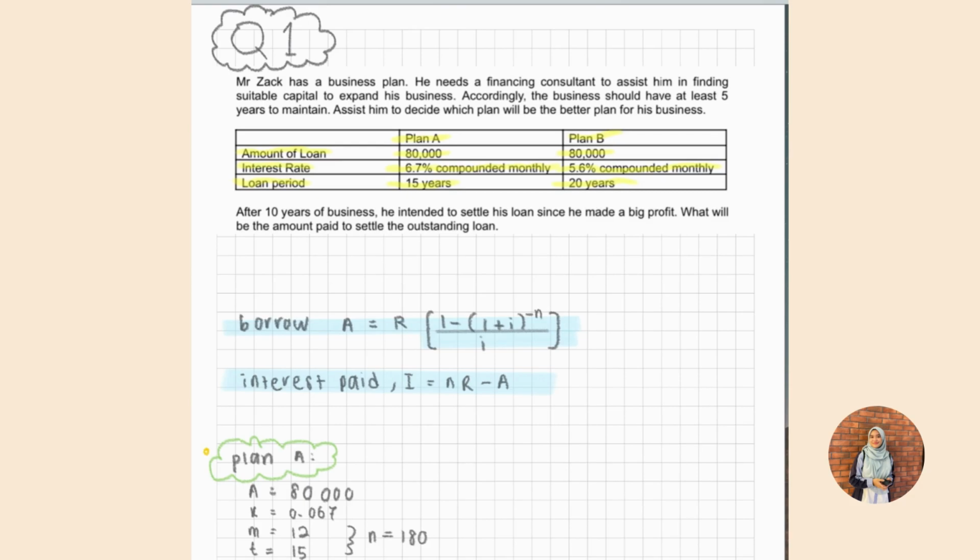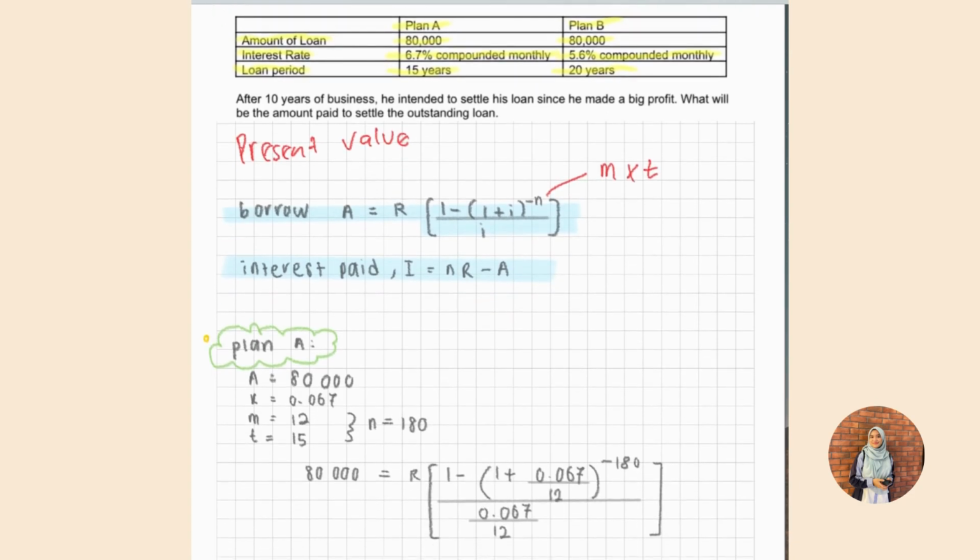So, for this question, we use the present value formula. Here is the formula. N is M times T. So, we use the interest paid formula too.